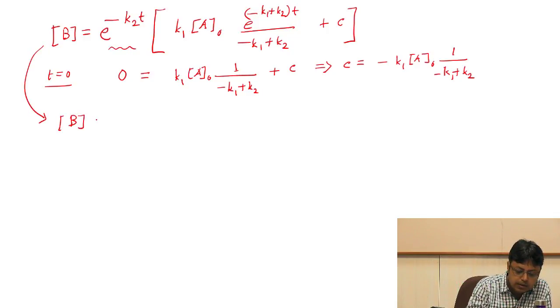So we can easily rearrange now what is b. So b means concentration of b at any arbitrary time.